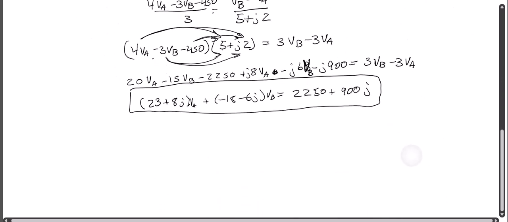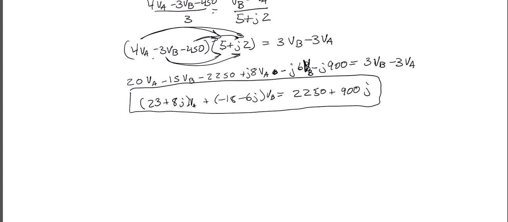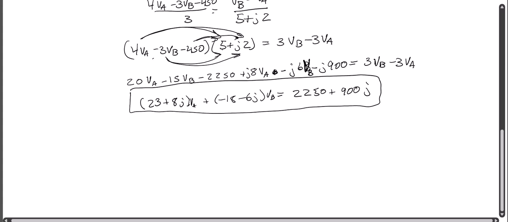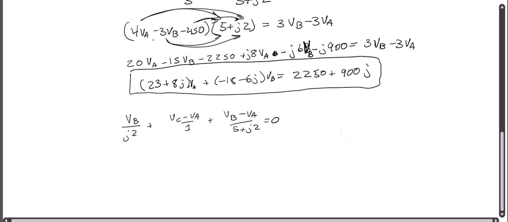All right, then I'll take my second equation. Our second equation was VB over j2 plus (VC minus VA) over 1 plus (VB minus VA) over (5 plus j2) equals 0.